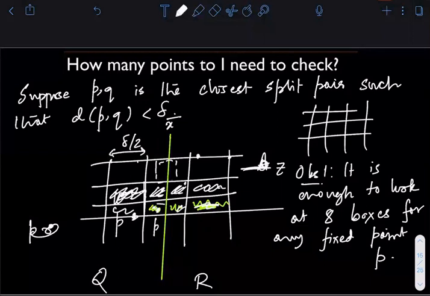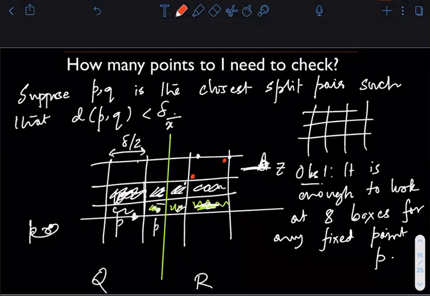So now suppose, for contradiction, that two points lie inside a single box. ऐसा कुछ है. Suppose 2 points lie inside a single box. But then what could be the maximum distance between these points? The maximum distance is the diagonal of this square. What is the length of the diagonal of this square?